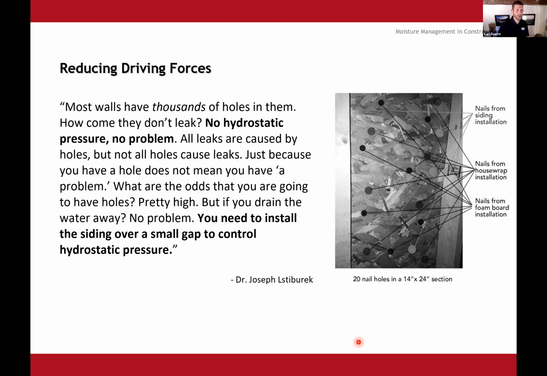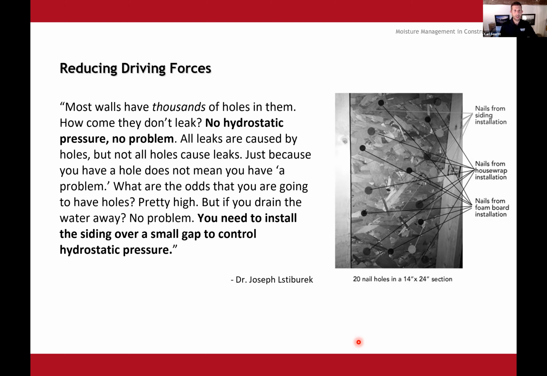In the last sentence here, I'll highlight, he says, you need to install the siding over a small gap to control hydrostatic pressure. So if you don't have that gap there, water gets in there and builds up hydrostatic pressure. And it's either going to go in or it's going to go out. And both can be bad, actually. It can push out through the cladding, like directly out through the siding. This can cause premature siding failures, paint failures, warping, twisting, all kinds of bad things to our siding too.